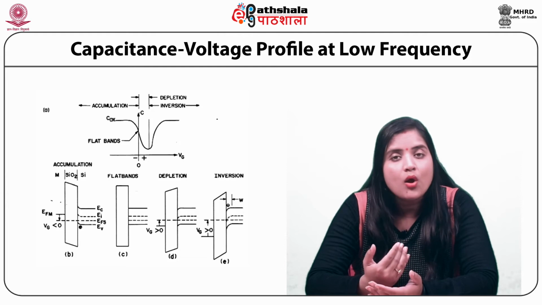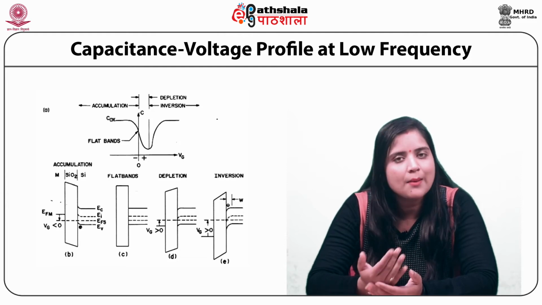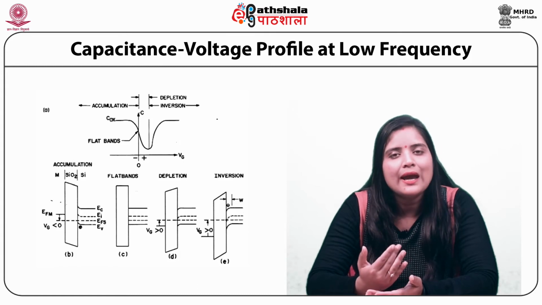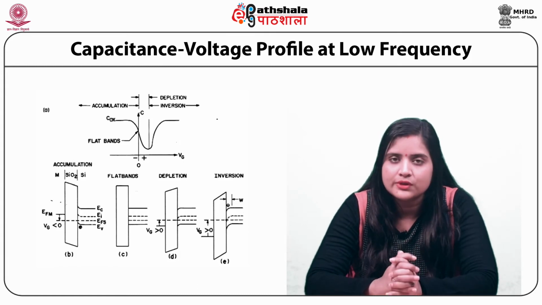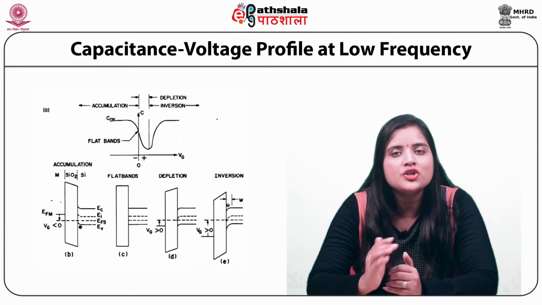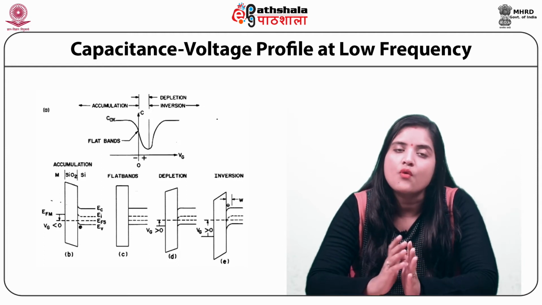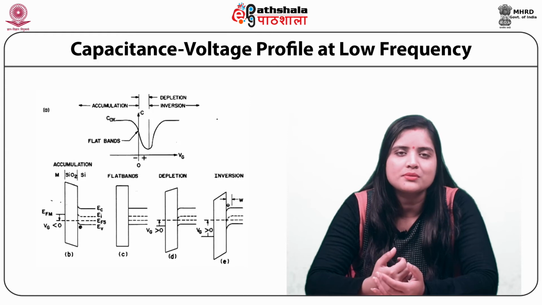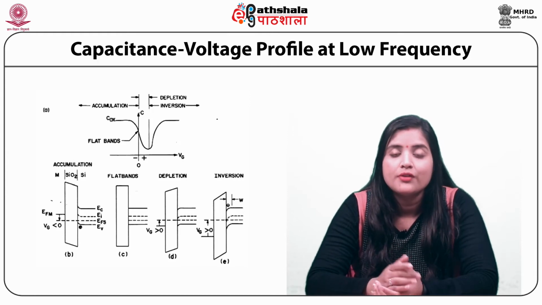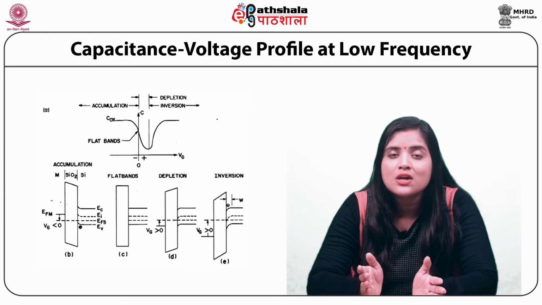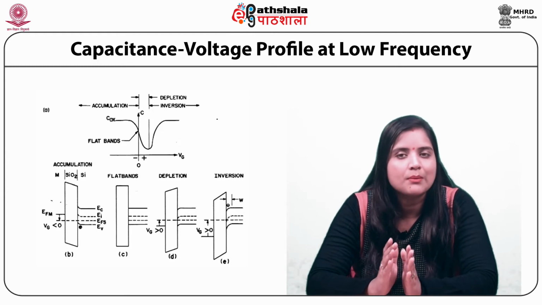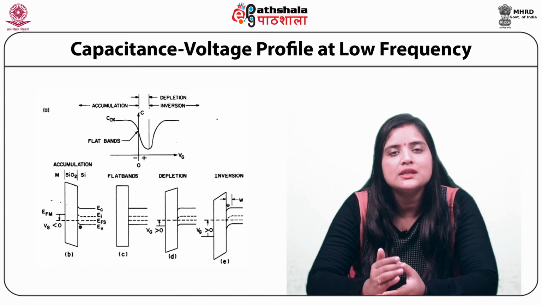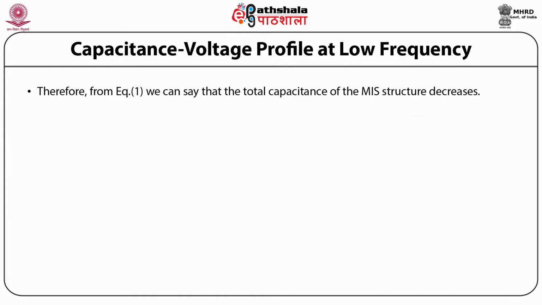When a small positive value of gate voltage is applied, then holes get repelled from the surface of silicon, leading to the formation of a depletion region of ionized dopants. The depletion region is also termed as depletion layer. The depletion layer becomes wide when more positive biasing is applied, thereby making Cs smaller. Therefore, we have stated that the total capacitance of the MIS structure decreases.